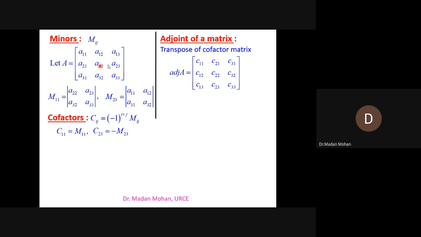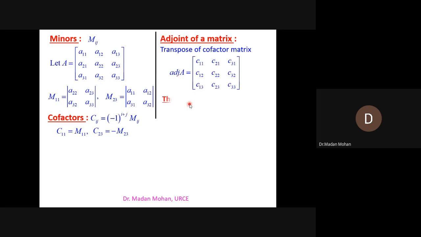That is the cofactor matrix, and this is its transpose. Whenever a matrix is given, calculate the minors and put the signs, meaning calculate all the C11, C12, C13, up to C33, and arrange like this. You will get a new matrix from this matrix. This is called the adjoint of this matrix.